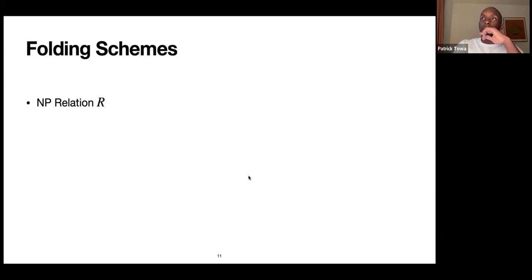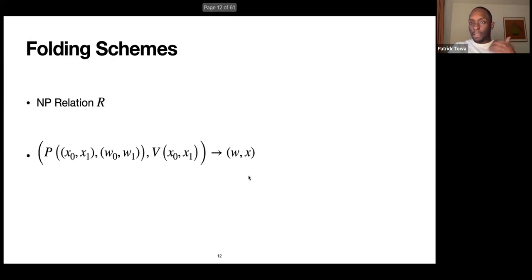And what are folding schemes? So let's say you start with some NP relation, meaning that you have some relation that captures all efficient computation that you may want to do in practice. For instance, let's say the satisfiability of an arithmetic circuit. And you want to devise a two-party scheme where you have some prover and some verifier, and they interact.